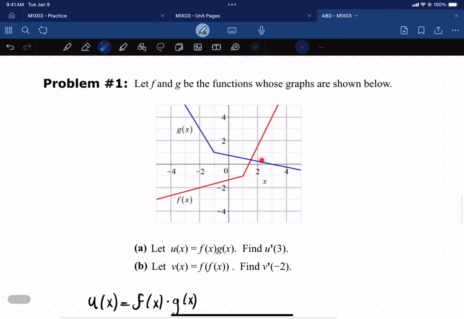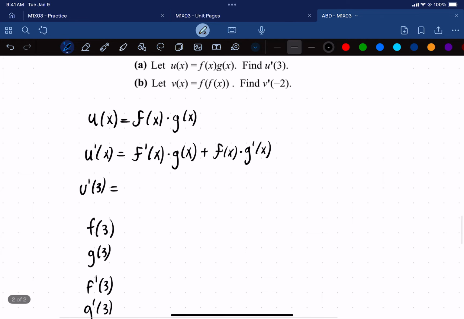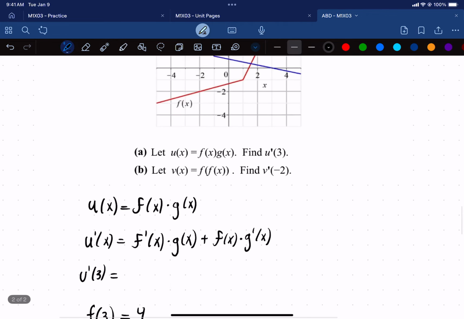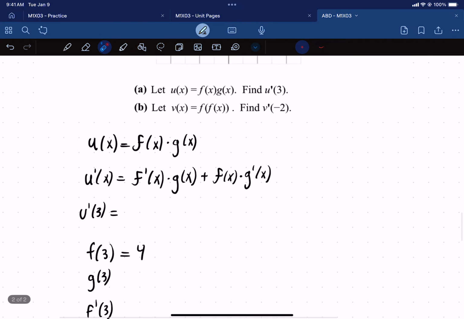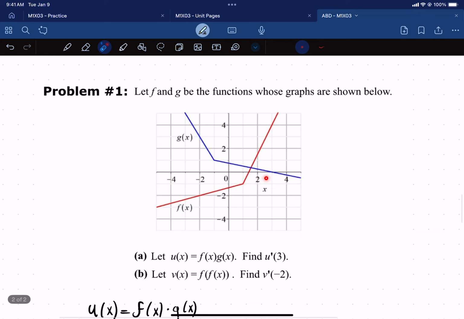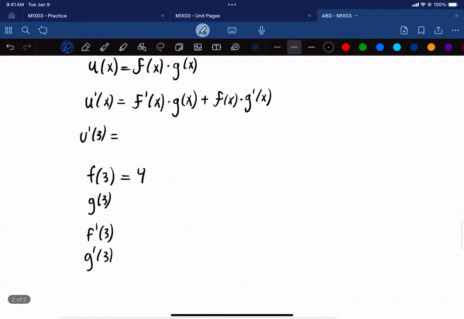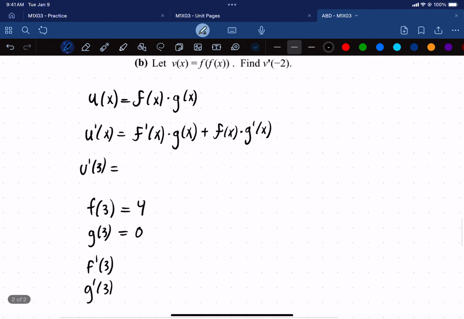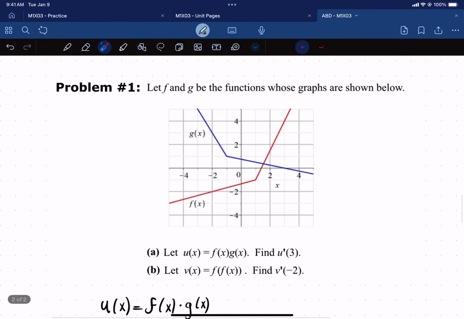Okay, so looking at this function right here, we can see that 3 is right here. So we just line that up right here. Okay, we can see that f of 3 is equal to 4. Okay, we can see that g of 3 would be equal to 0. And then for f prime of 3, we don't know the actual equation for this graph, but seeing that it's a linear function, what else do we know about the derivative?